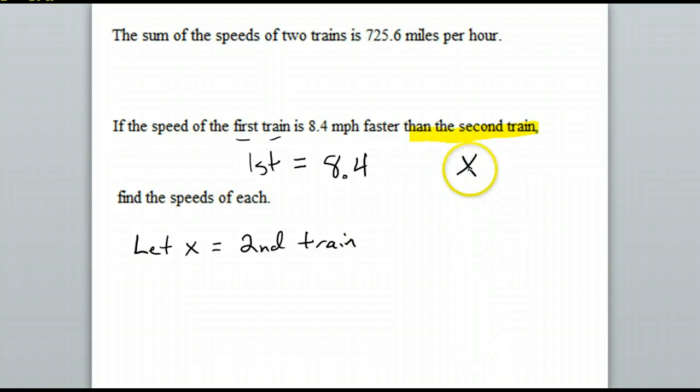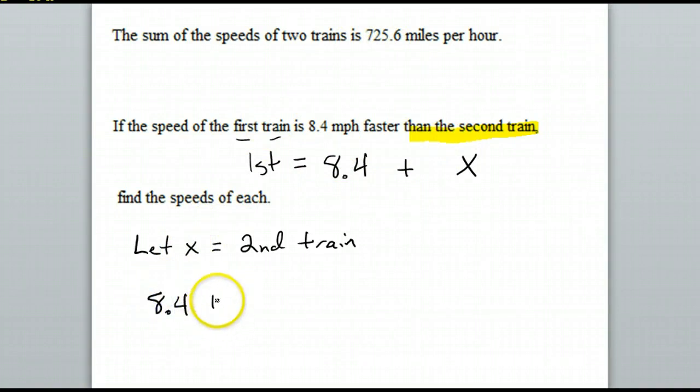If this one's going 10, this one's going 18.4. If this one's going 40, this one's going 48.4. So faster than means we're going to add to this speed. And then the sum of these two numbers is this. So if I add this and this, I get this number. So there's my equation.